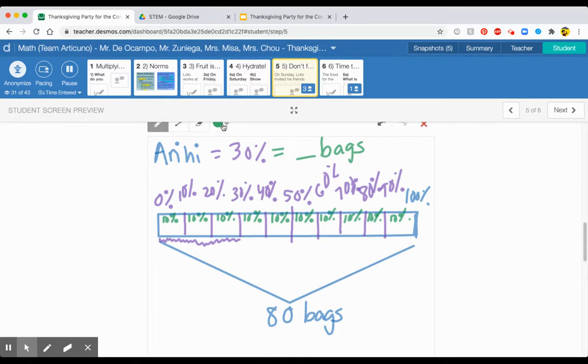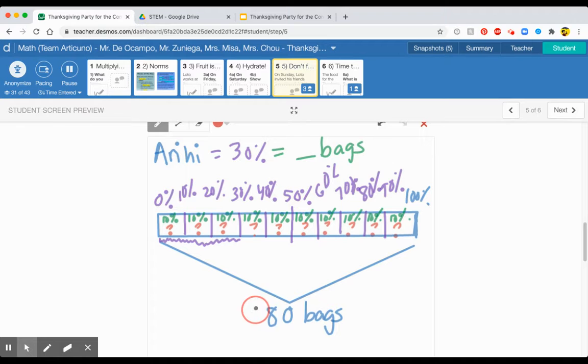Well, one way to go about this is trying to figure out how many bags go here, how many bags go here, how many bags go here, how many bags go here, and how many bags go here. How many bags can go in each of these little pieces?